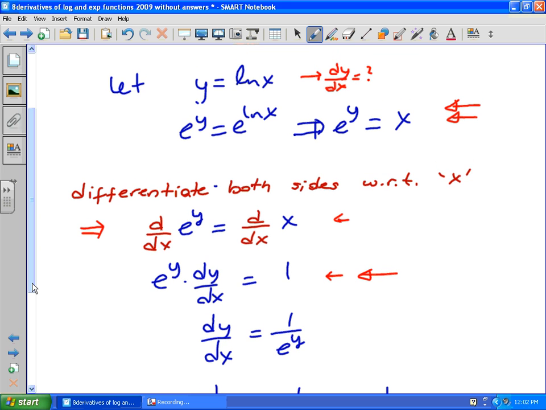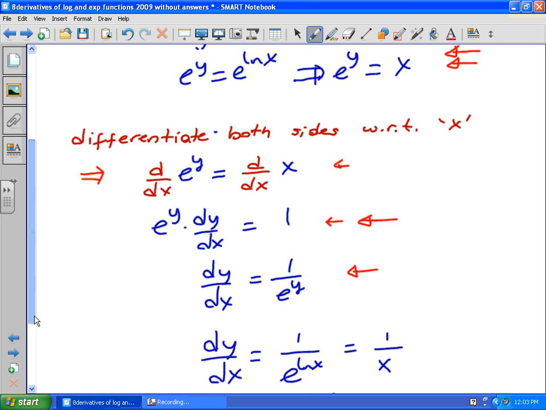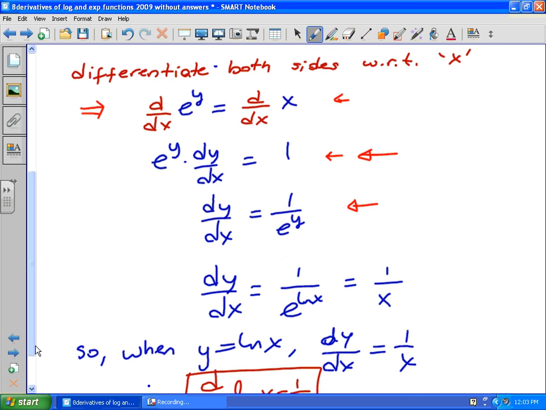Now, it's not common to leave an answer in terms of the y variable. So we're going to go back and substitute the y back in there. Remember from up here that y is equal to ln x. So go ahead and place that in this equation. Instead of y, place your ln x, as we've done over here, e to the ln x.